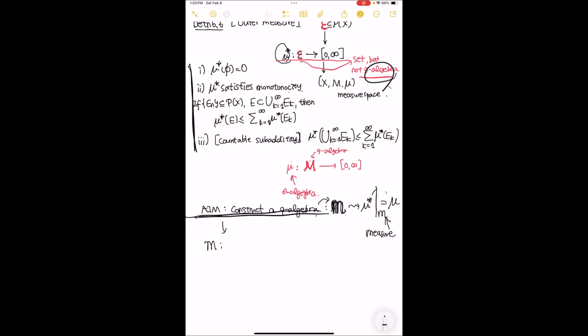To construct a sigma algebra, we can define a collection M of sets E such that mu star satisfies the following condition for every x.